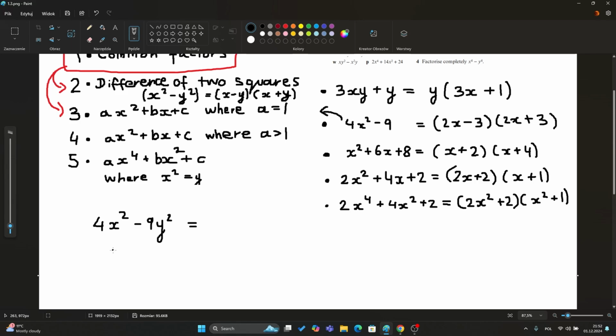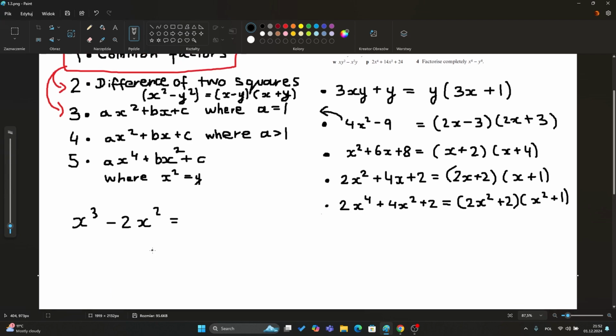So this is the same as 2x that is squared, and this is the same as 3y that is squared, and we got also the negative sign, therefore we can use difference of two squares. So that's 2x plus 3y and 2x minus 3y. And this cannot be simplified any further.